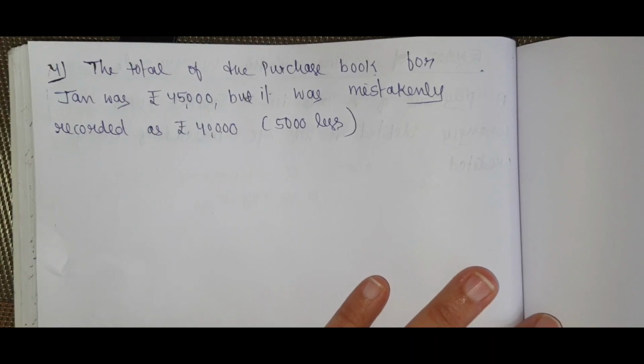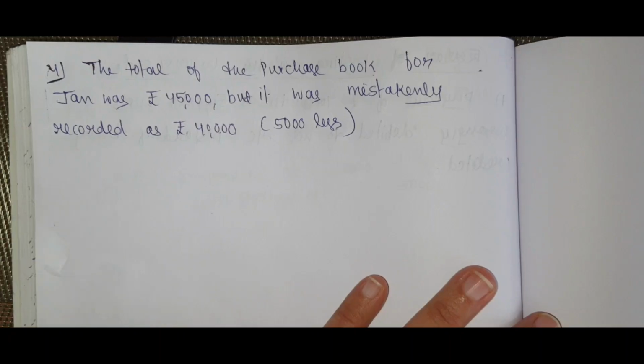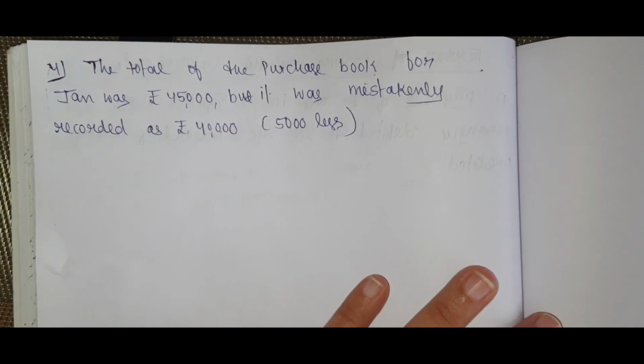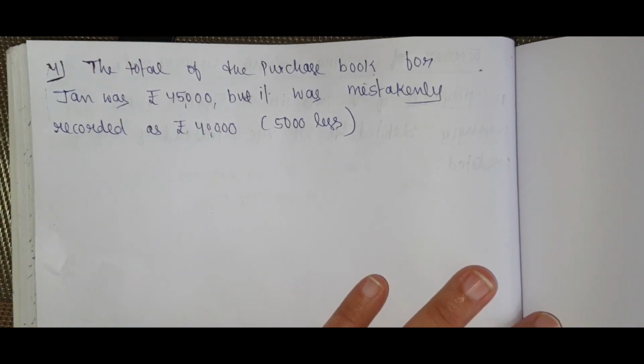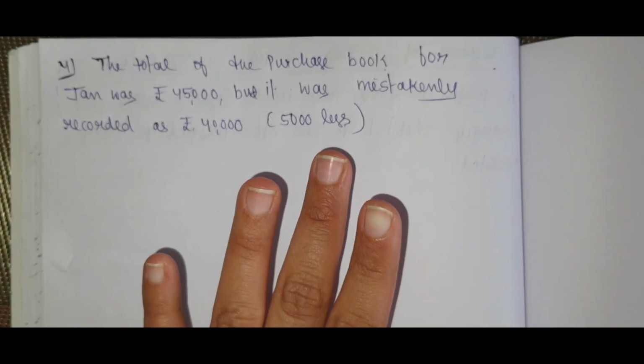What I said: in the case of overstate, we have to credit the purchase account, whereas generally we would debit the purchase account. It is exactly the opposite. But in the case of understate, there is no such rule. Here we have to debit the purchase account.